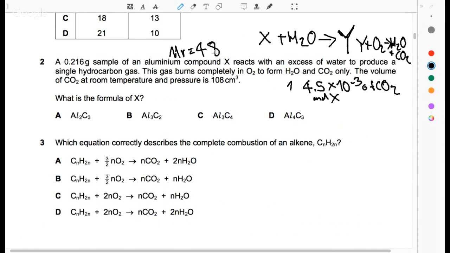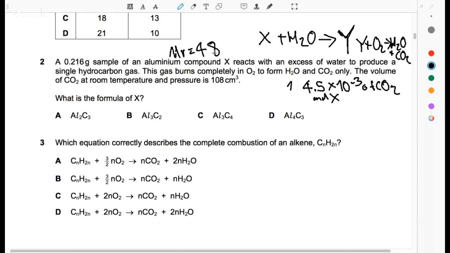So as a matter of fact, what you're equating here is, you can ignore the aluminum for now, because you are producing from this to the carbon dioxide, right? So the number of moles of carbon is conserved.